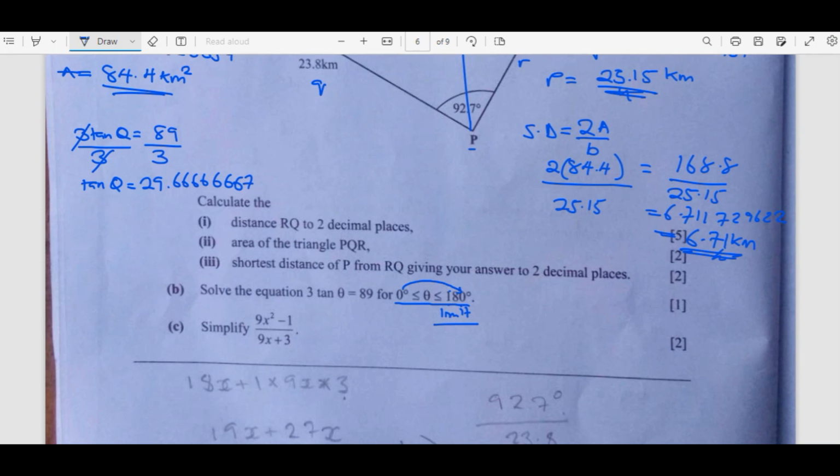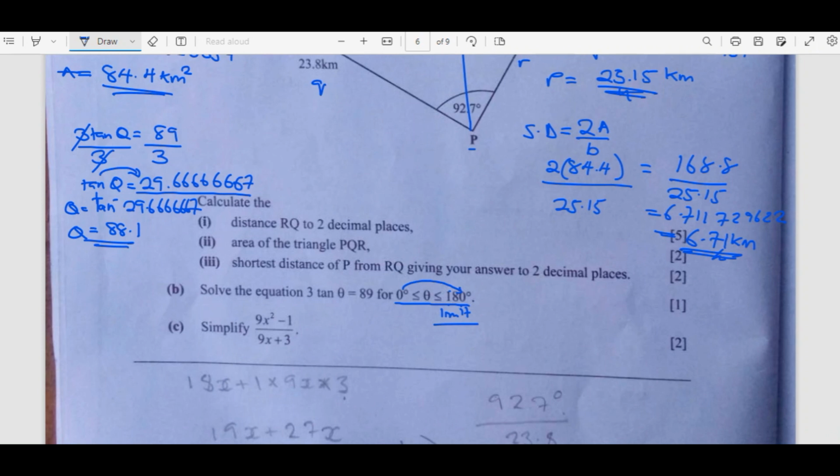Theta is equal to tan inverse, and then you copy this number, 29.6666667, and then theta on our calculator is 80.1. So this is the answer which has been given.